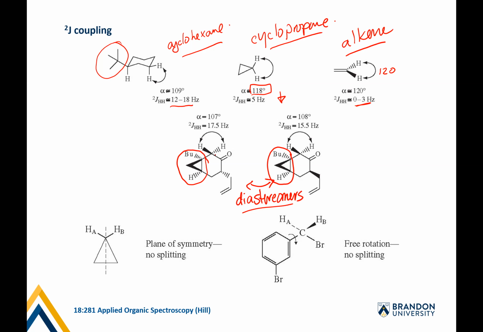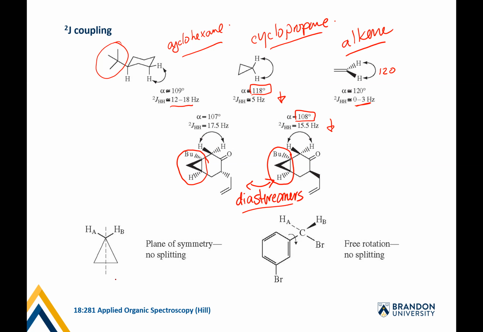They probably modeled this to see what it looked like. And in one of the two, this bond angle would have been larger, I guess over here. And so the coupling constant would decrease. It actually wasn't too much, but notice that the J value dropped by 2 hertz.